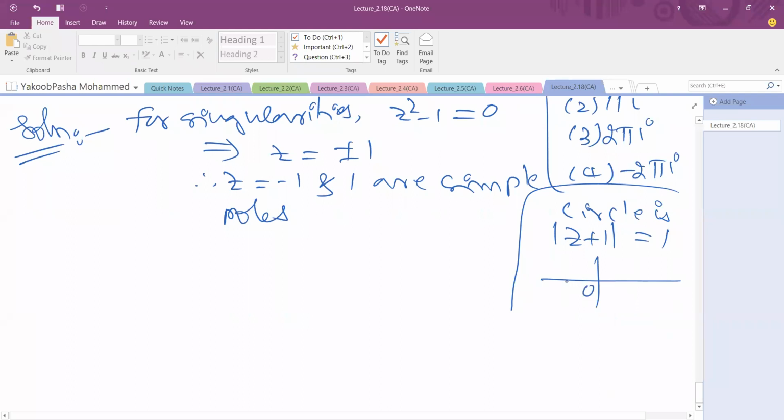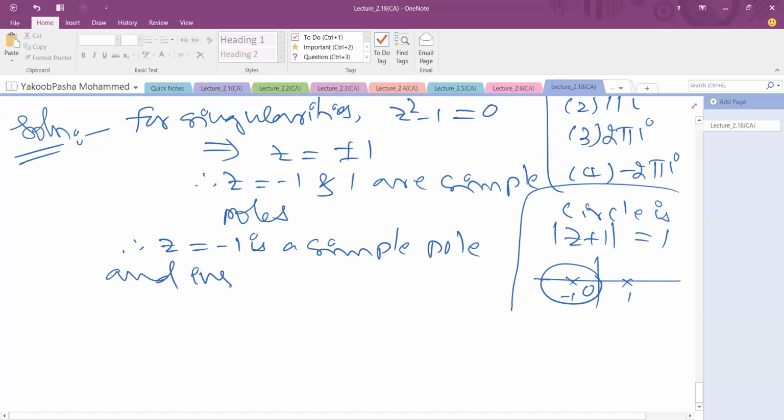Z is equal to -1 is inside the circle. So z is equal to -1 is a simple pole inside C. C means circle.